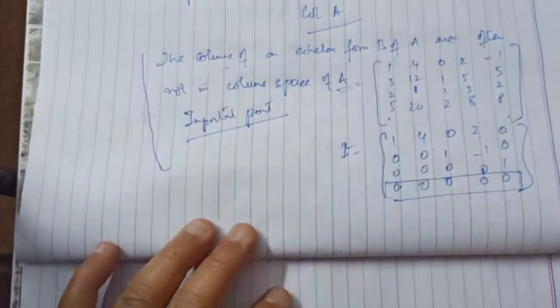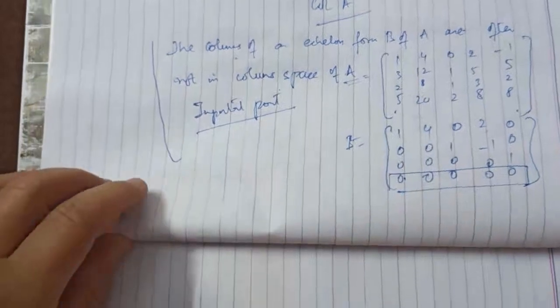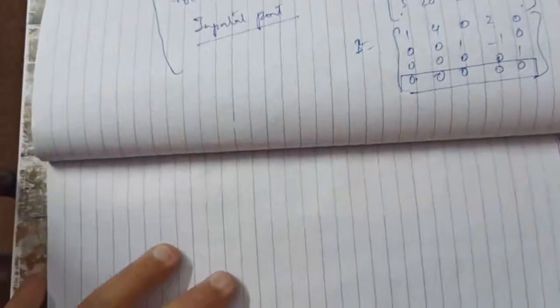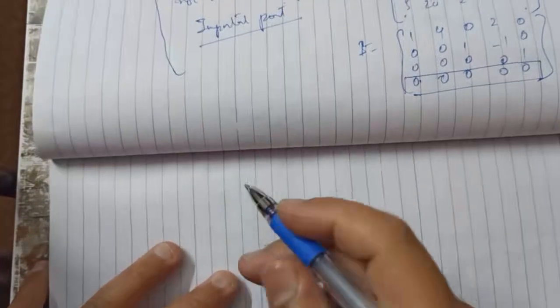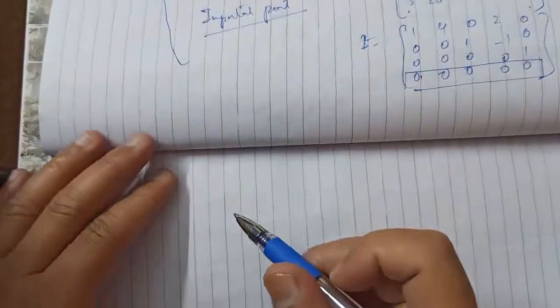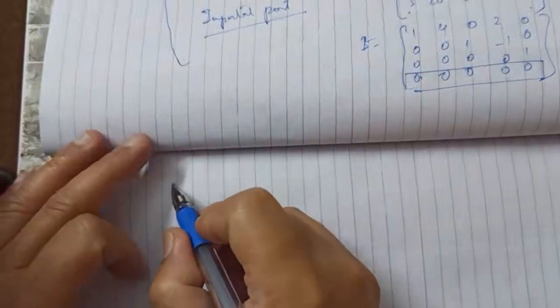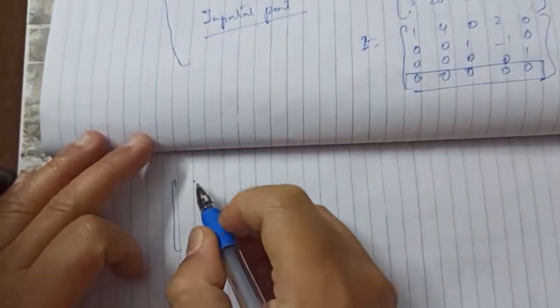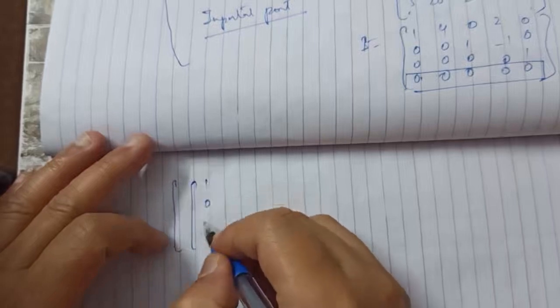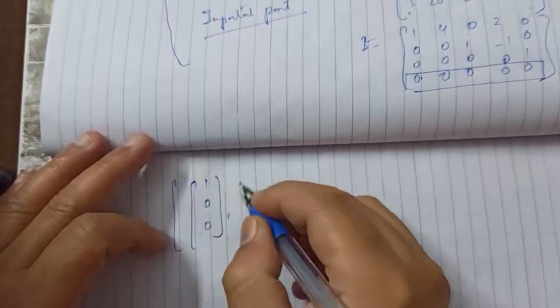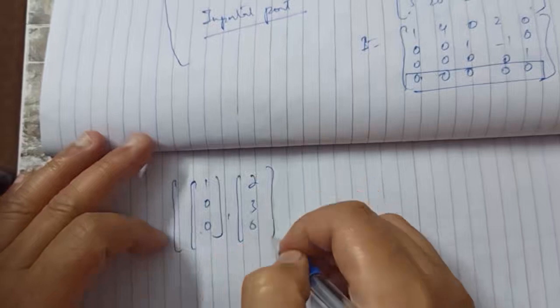columns. Now similarly, we can look at another example from the spanning set theorem. Let's say we were given this set of vectors, 1, 0, 0 and 2, 3, 0.